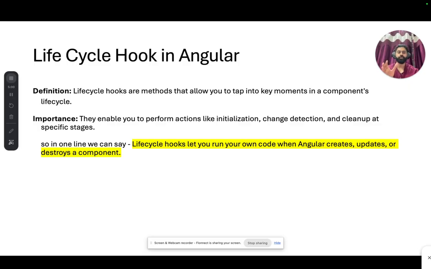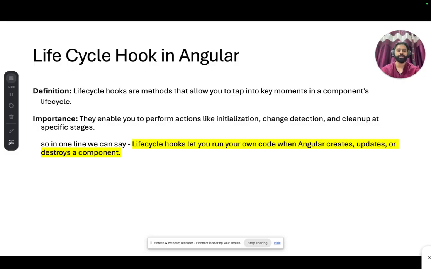So when does a component live? There are certain steps. First, a component is created. Second step, the component is shown, which means it is rendered in your template. Third step, the component does work, like it can fetch some data, or you can put some business logic in it.